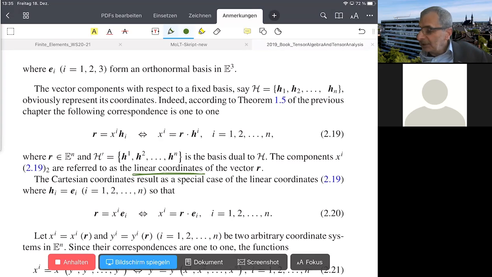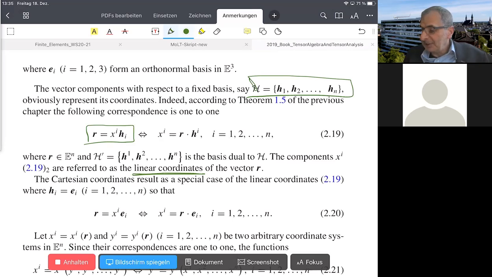I take a basis here, I fix a basis h, for example, consisting of n vectors, h1, h2, hn. And then I can represent my vector r with respect to this basis, sum of xi hi, right? And this is a unique representation.